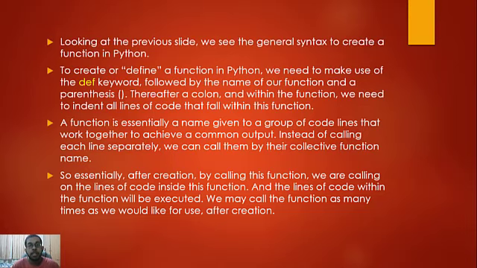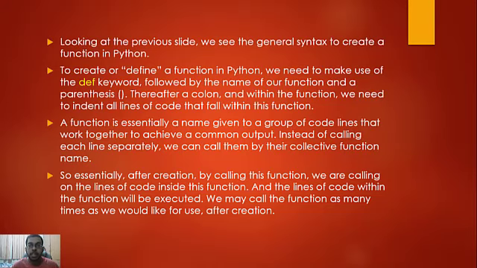Looking at the previous slide, we see the general syntax to create a function in Python. To create or define a function in Python, we need to make use of the def keyword, followed by the name of our function and a parenthesis, brackets. Thereafter a colon, and within the function we need to indent all lines of code that fall within this function.